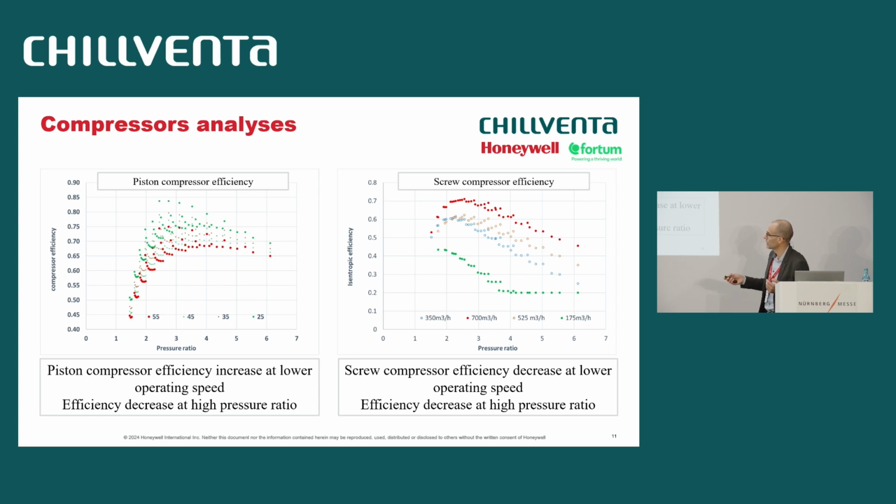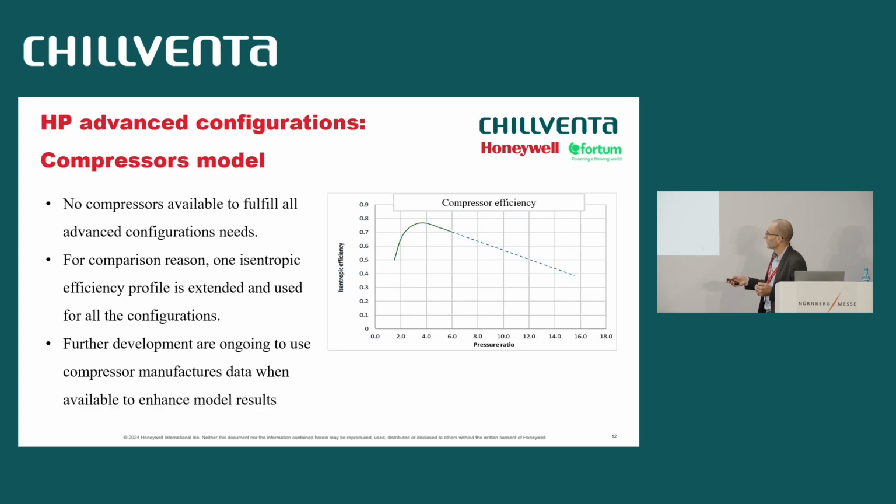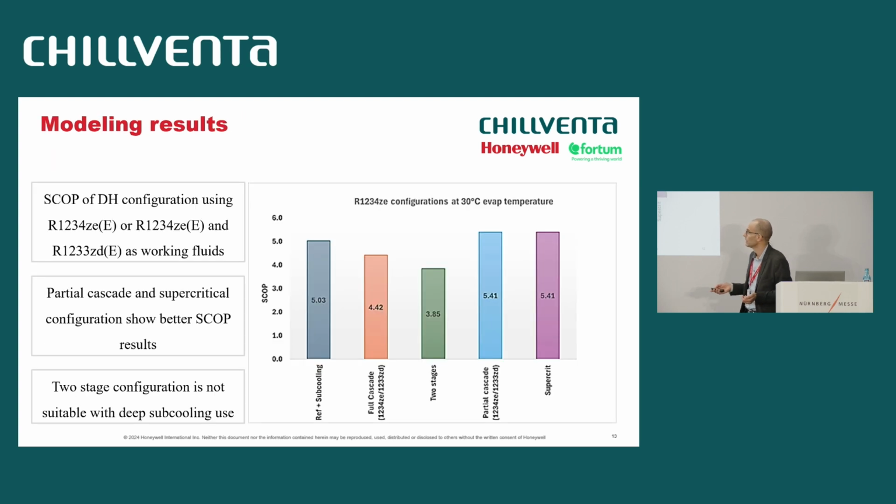Also, the speed of the compressor impacts the performance. So to make it easy, we take only one profile. We make an extrapolation of an existing compressor in order to cover high pressure ratio when needed. And then we run all these configurations to see which one is the best and can solve this technical problem.